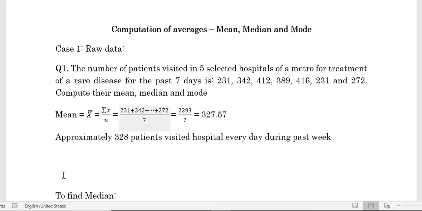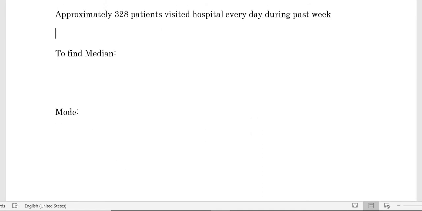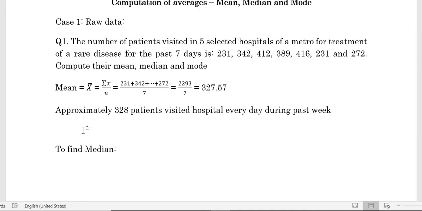Now let us see how we compute median, the second measure. Median, as the name suggests, stands for the middlemost observation of an arranged series. Therefore, the first task for us is to find the arranged series, or let's call it an array. Okay, so the array of the series starts with the least value.